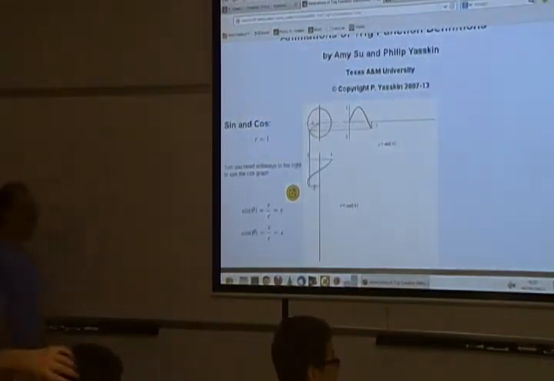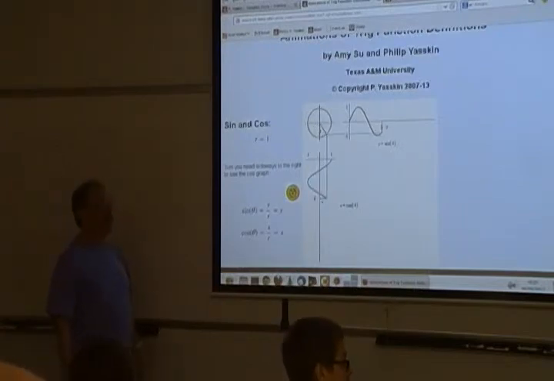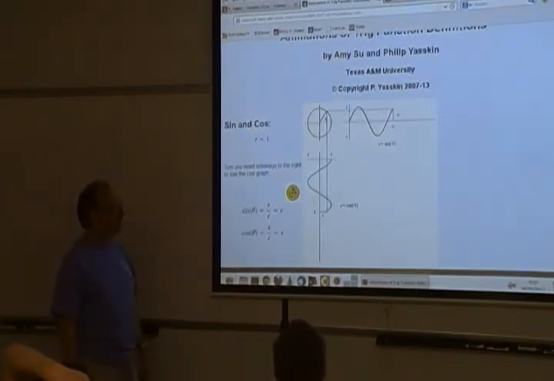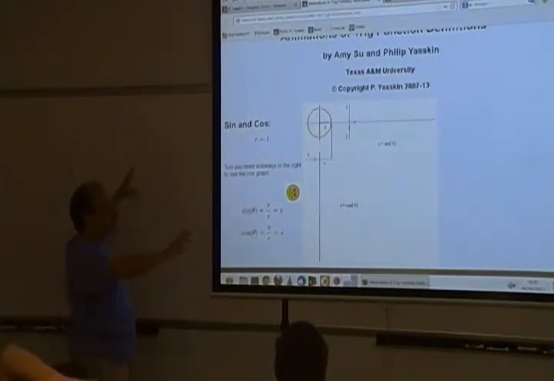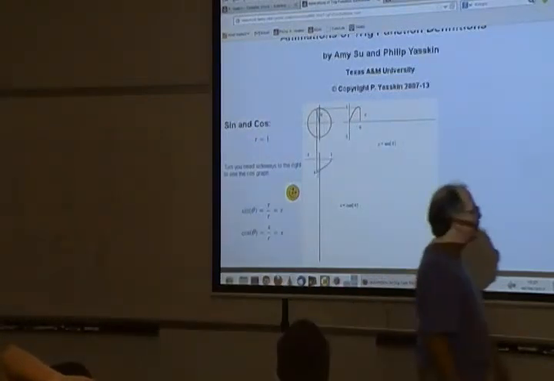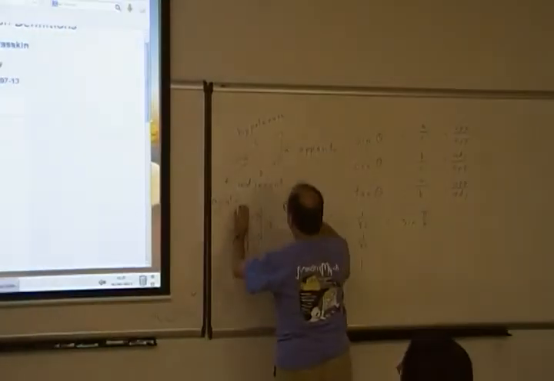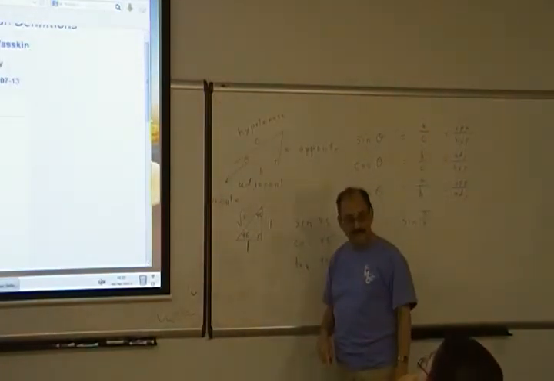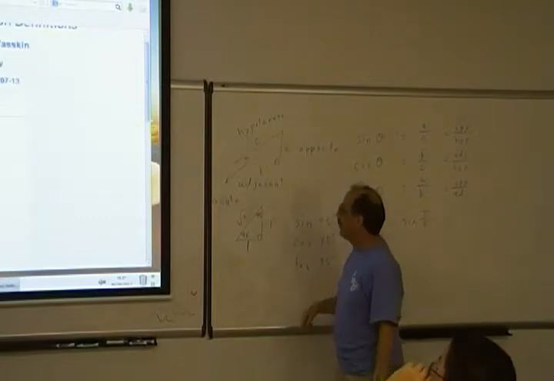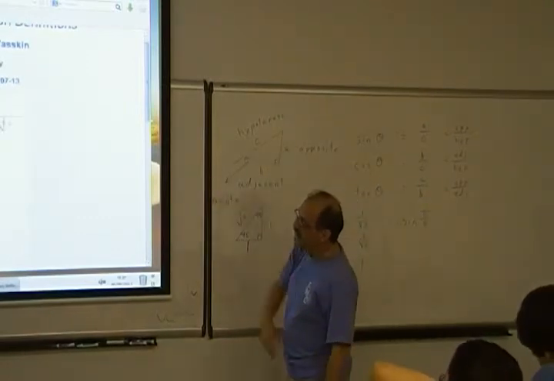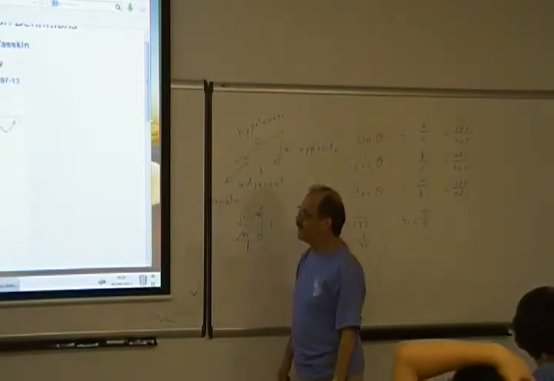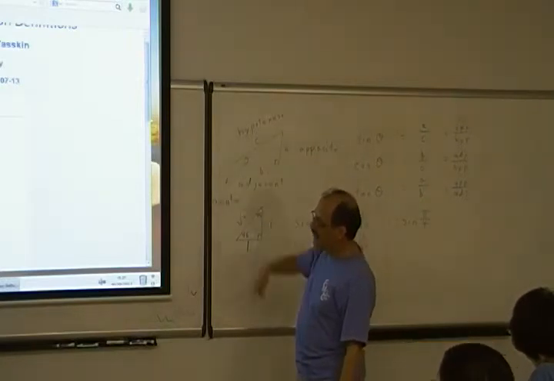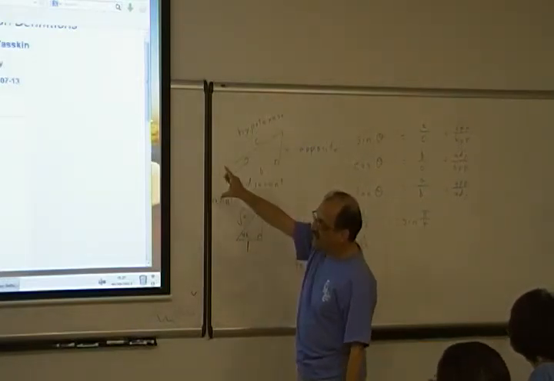Cosine of theta is the x coordinate in the circle. It's the circle of radius 1. And it doesn't matter how big you make your circle, just like over here, I could double the size of all the sides and the ratios would still stay the same, okay? Or triple the size. Likewise, when I do the drawing of the curve, it'll just get bigger.